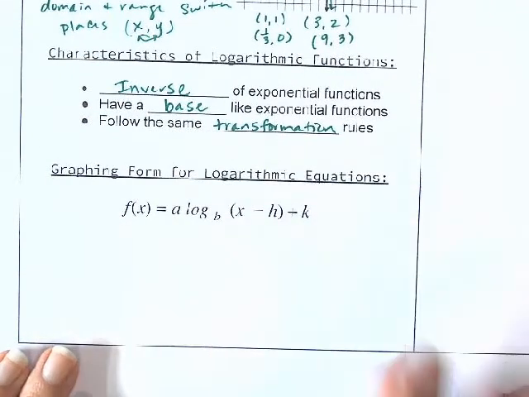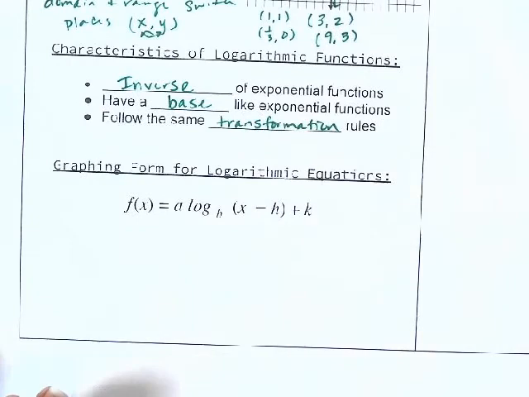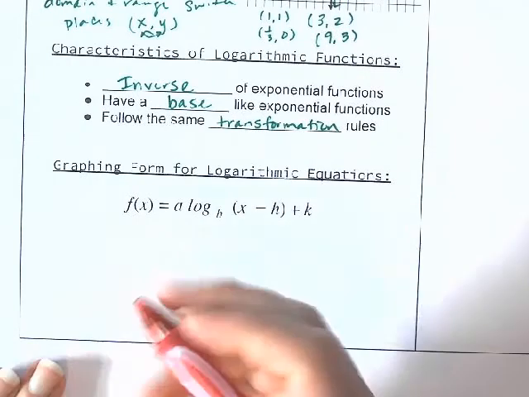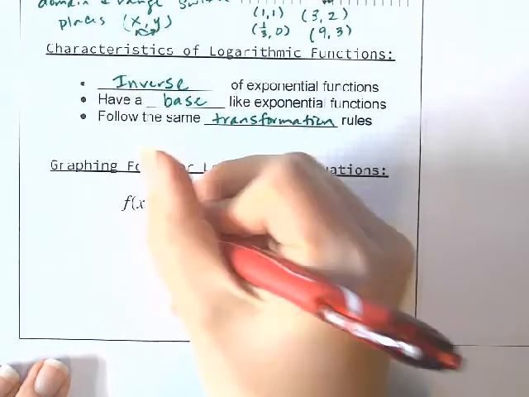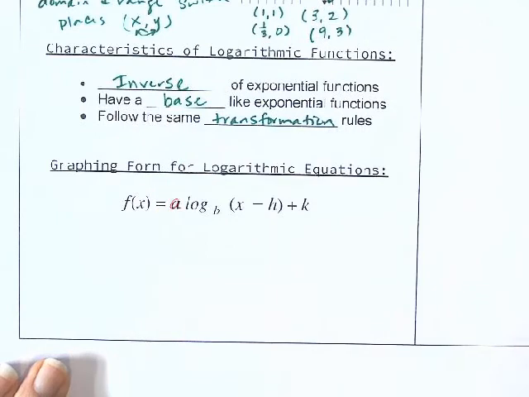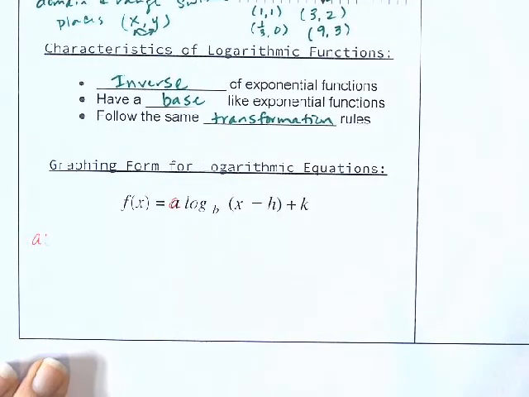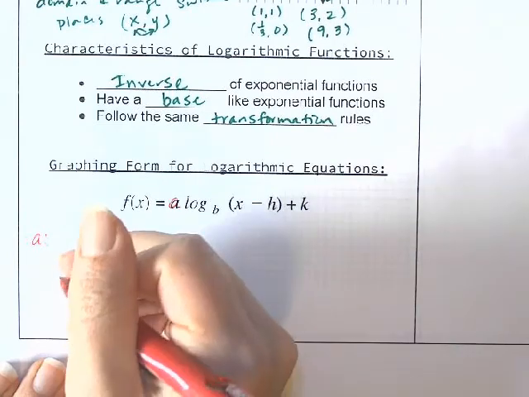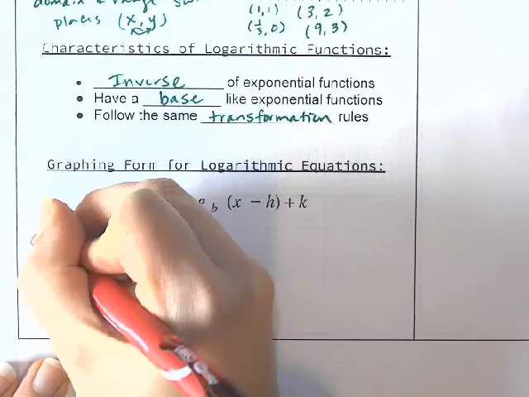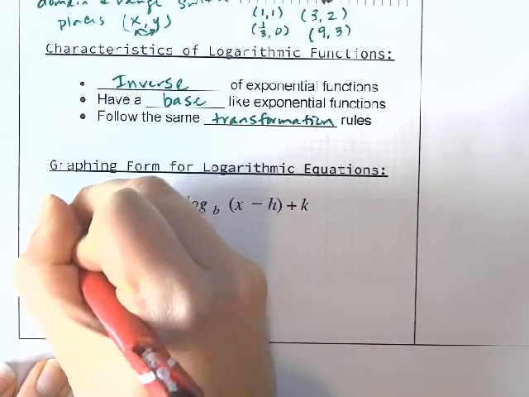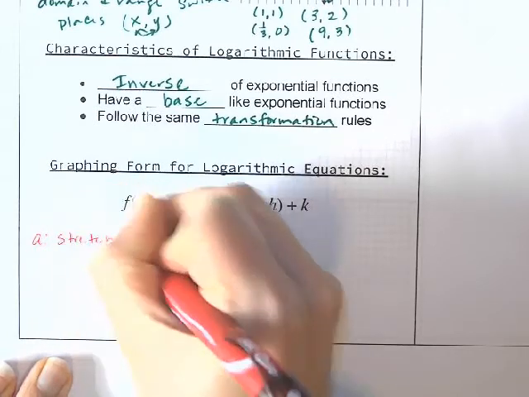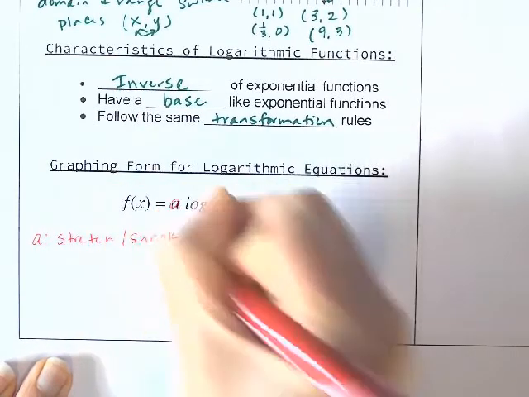So I'm going to go ahead and maybe use some different colors to identify each component. So I'm going to start with a. Following the same system that you would have all the other days, there's really 2 roles that a is going to play. So first and foremost, a is determining whether it's a stretch or a shrink.